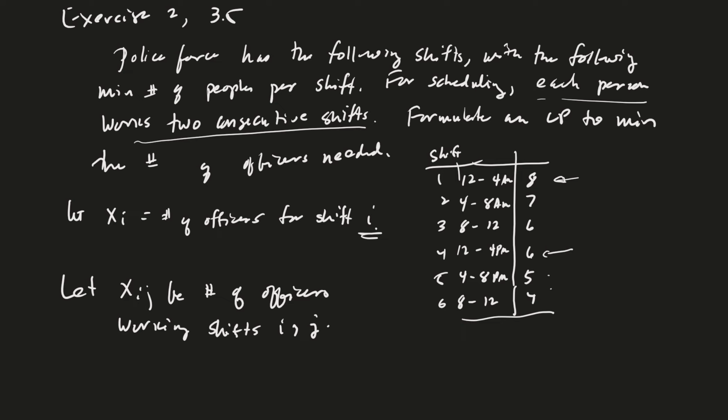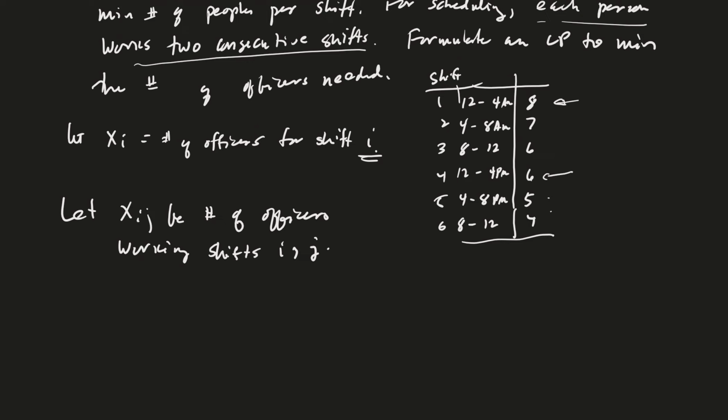And now the only variables that we're going to be using then are the i and j where we have consecutive shifts, right? So for example, we would have x12, x23, x34, x45, x56, x61, right? And then we would stop.